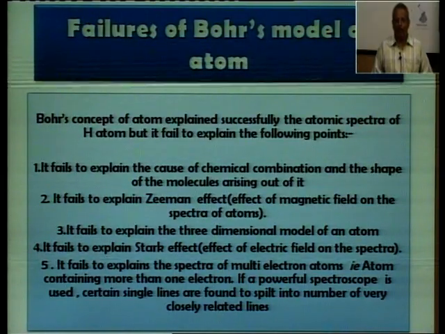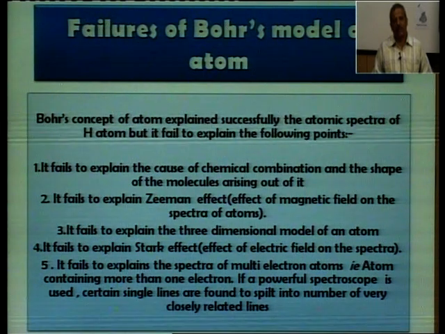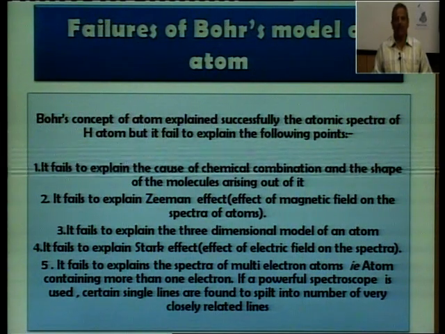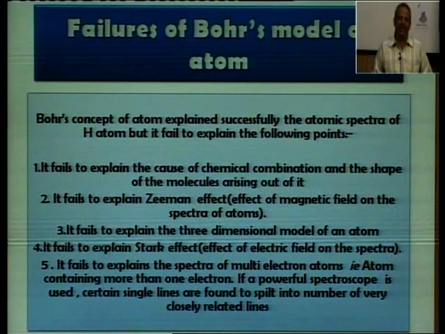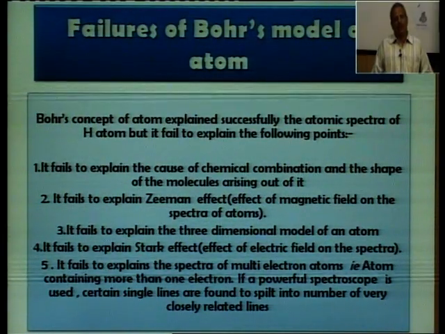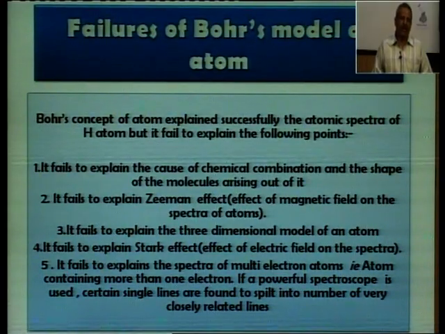If a powerful spectroscope is used, certain single lines are found to split into a number of very closely related lines. So, these 5 points are not explained by Bohr's model of an atom.